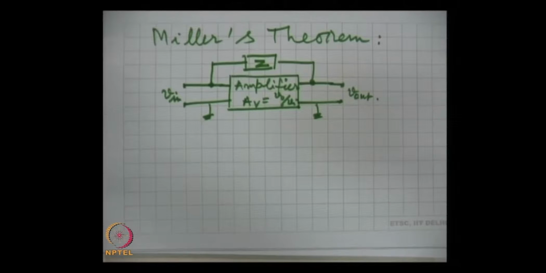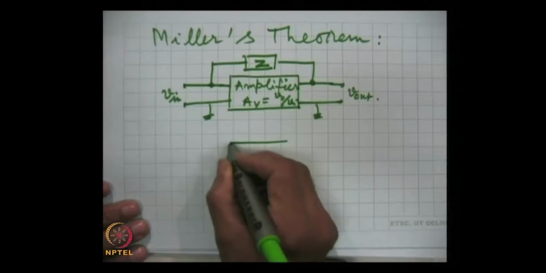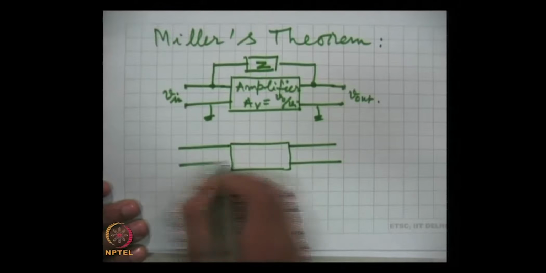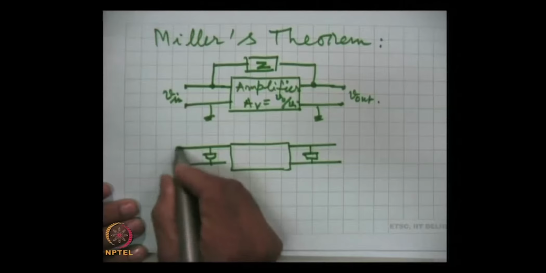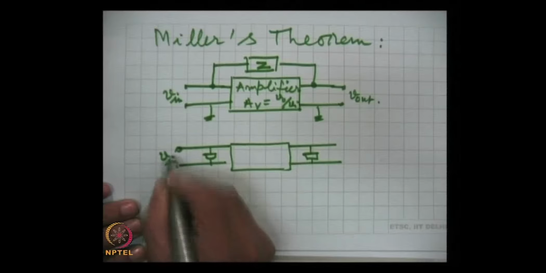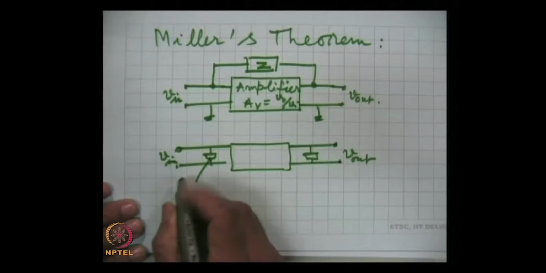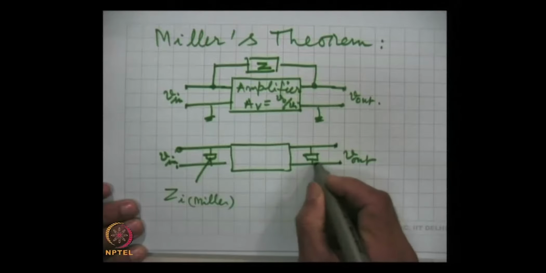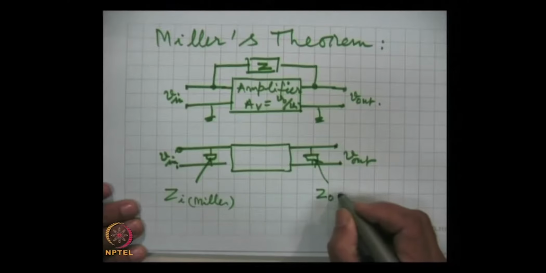This Miller's theorem gives this transformation, and this circuit can be converted into the equivalent circuit: this is V in, this is V out, and this is the impedance we call Zi Miller, and this is the impedance Z out Miller.